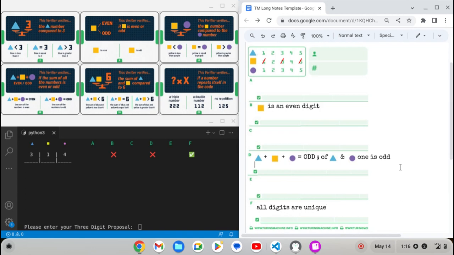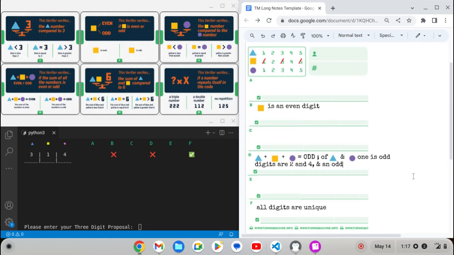So I'm going to put down here that the digits are two and four and an odd. Because they are unique and we have two evens, they can't be paired up. It's got to be two and four, and of course we have some random odd somewhere.